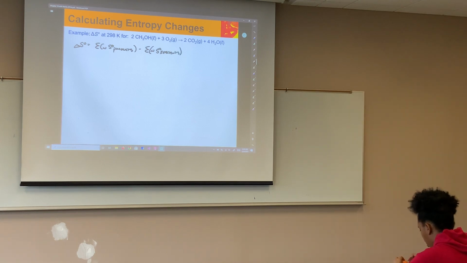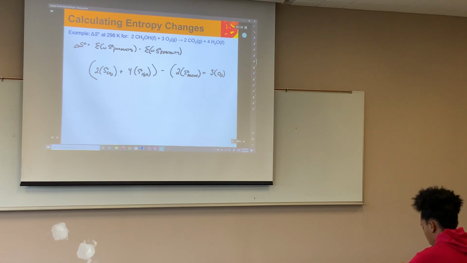So in this case, we would have 2 times S naught for CO2, plus 4 times S naught for water. There are our products. Minus 2 times S naught for methanol, plus 3 times S naught for O2 as a gas.